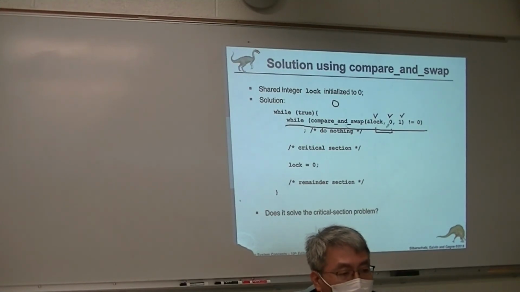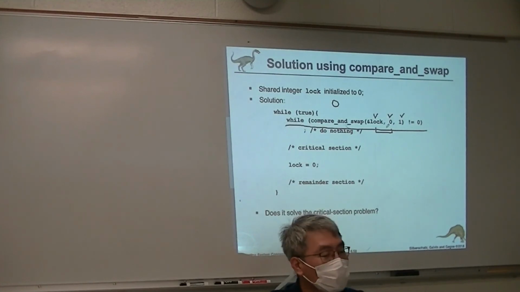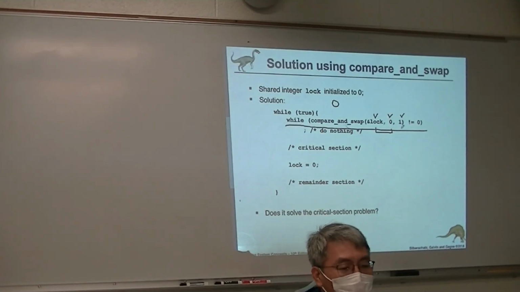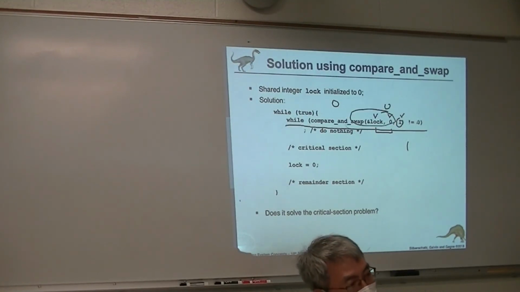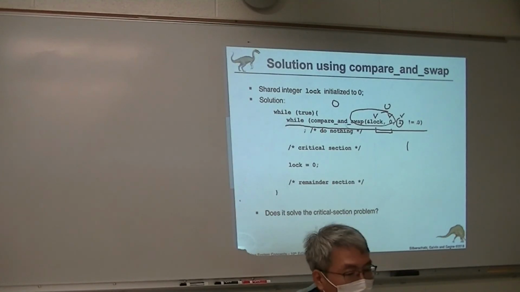They are the same. I expect the 0, which means it's free. So then I'm going to change it to 1. So lock is changed to 1. Then the output of this one is 0. So 0 is not 1, so you can enter the critical section. At this time the lock is changed to 1.